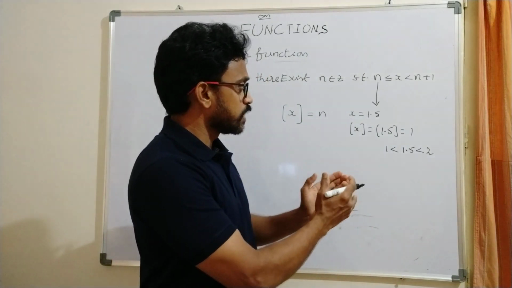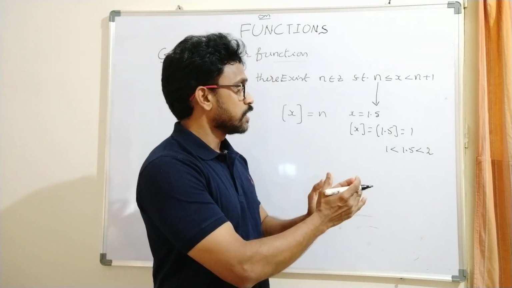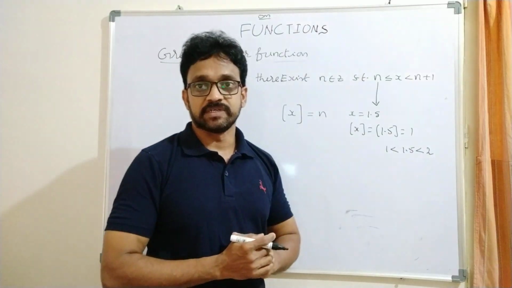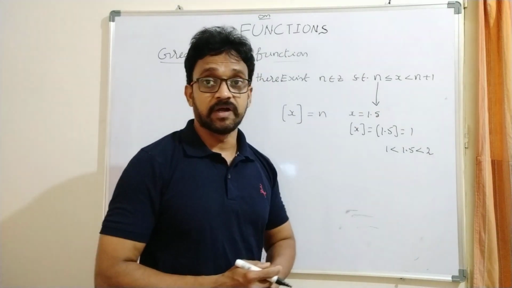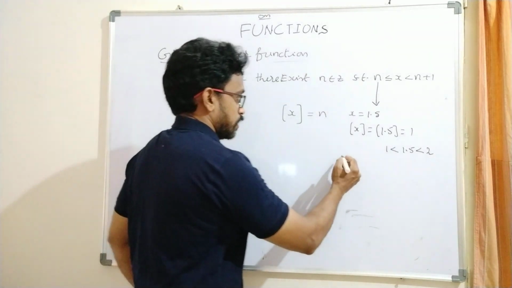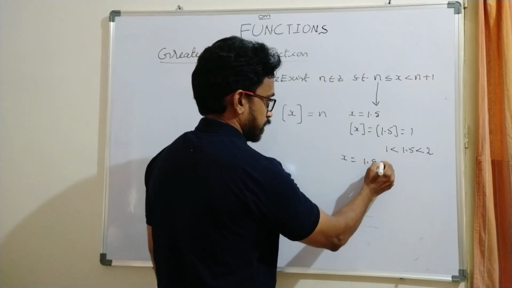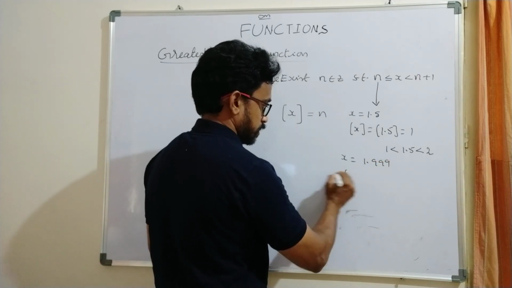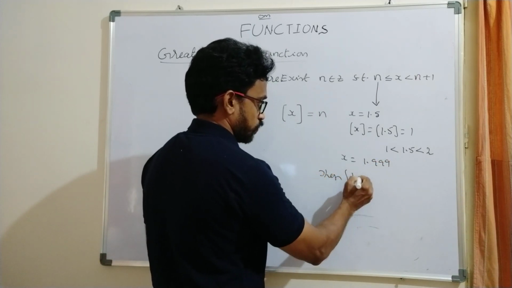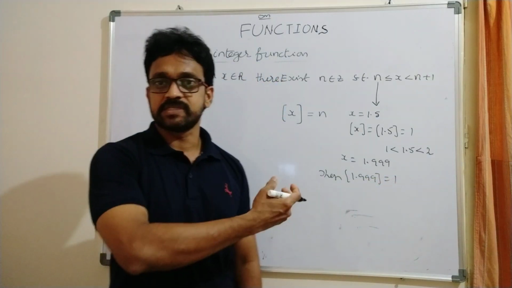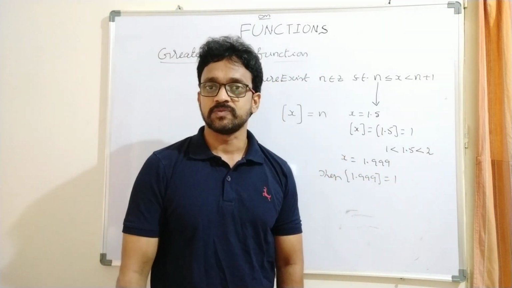That's why the given number we are observing lies between two consecutive integers when x is a non-integer. Observe, for example, one more, x is equal to 1.999. Then step 1.999 is also 1. Why? Because this number also lies between 1 and 2.